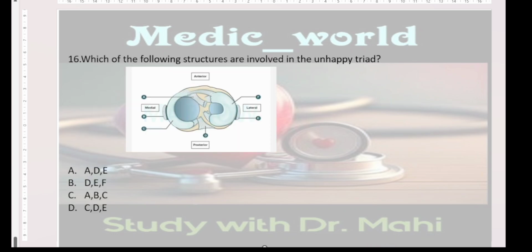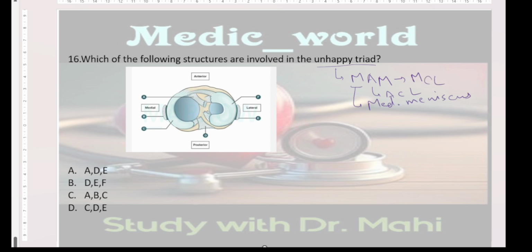Which of the following structures are involved in the unhappy triad? We all know the unhappy triad consists of MAM, that is medial meniscus, anterior cruciate ligament, and medial collateral ligament.